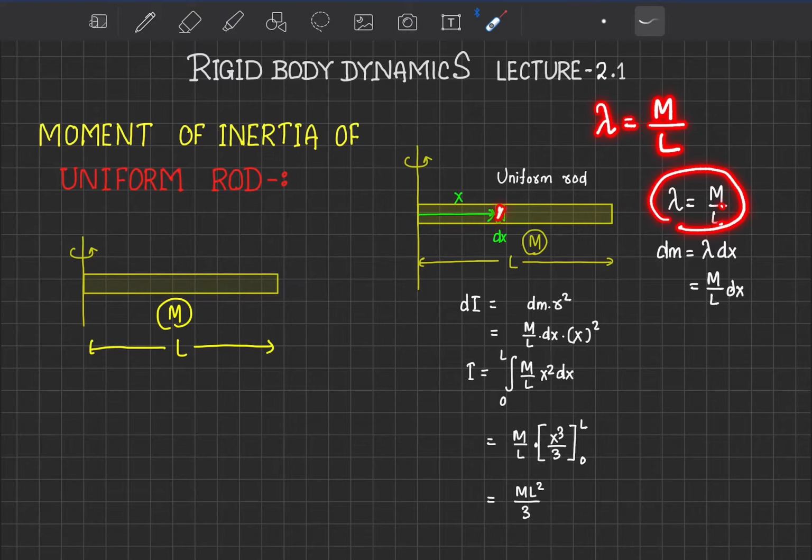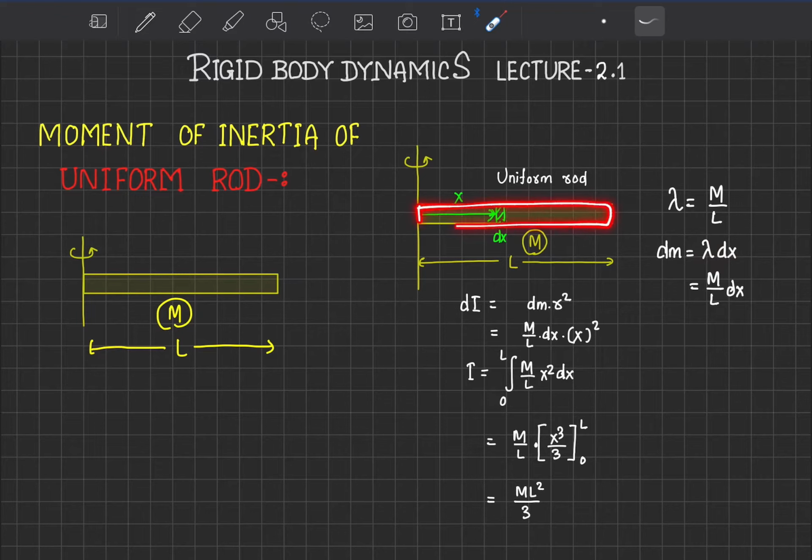So how much will be the mass of this small part? Let's say this is a small mass dm, that dm will be lambda into dx. How? Let's see, say this total rod is 10 kg and it is 10 meter long.